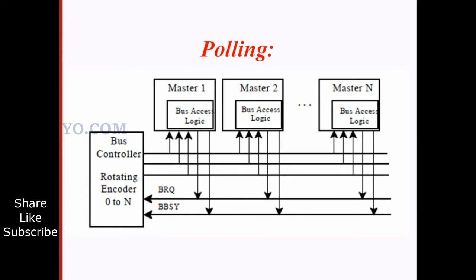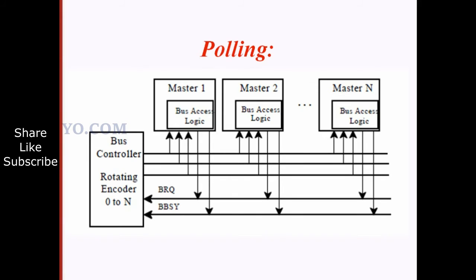All the masters are connected with the bus busy signal, the bus request signal, and a three-line rotating encoder output line.